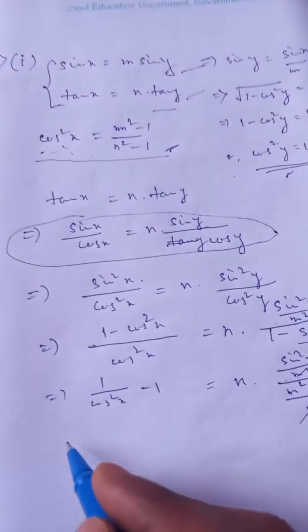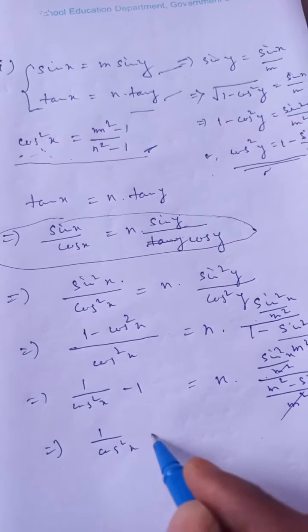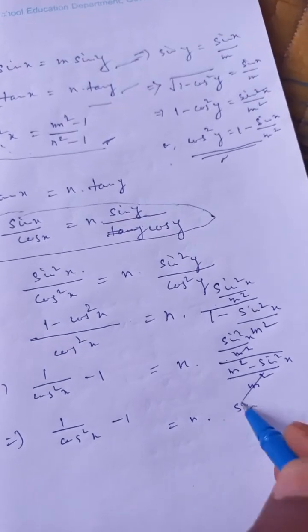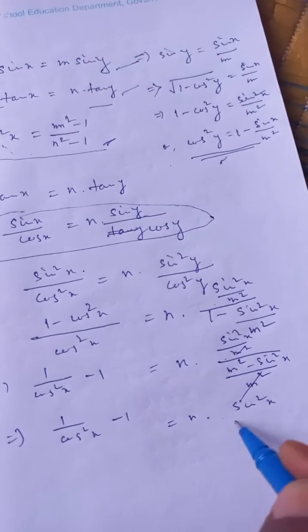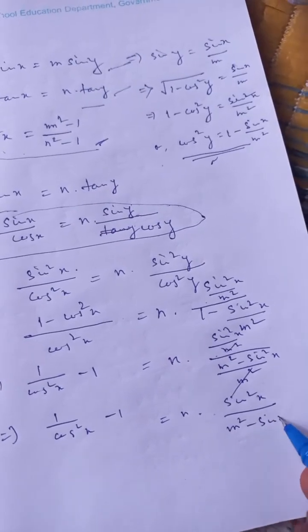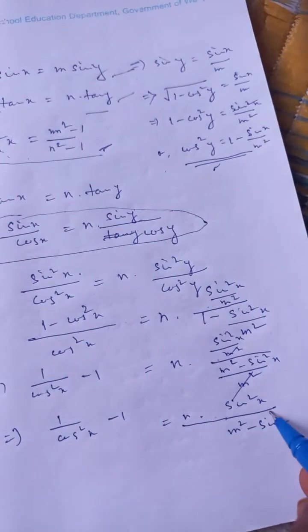this way. This will be 1 by cos square x minus 1, and this will be sin square x by m square minus sin square x, sin square x.